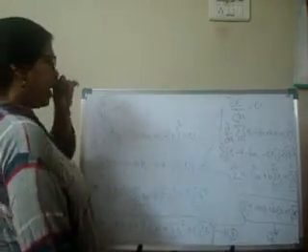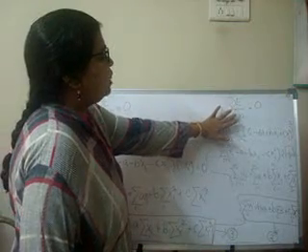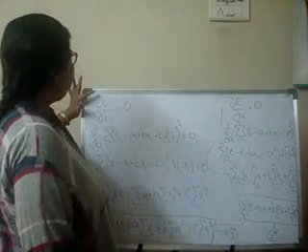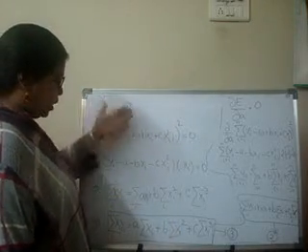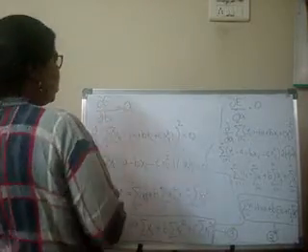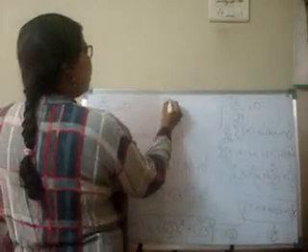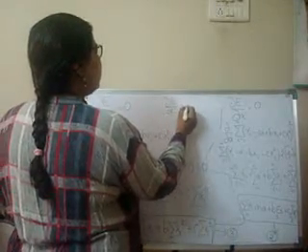Now we have taken partial differentiation with respect to a and we got one equation. We have done partial differentiation with respect to b equal to 0. We have got another equation. Now we are going to do the third one, that is dou E by dou C equals to 0.